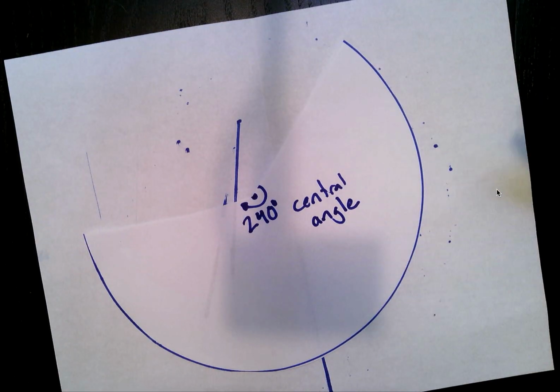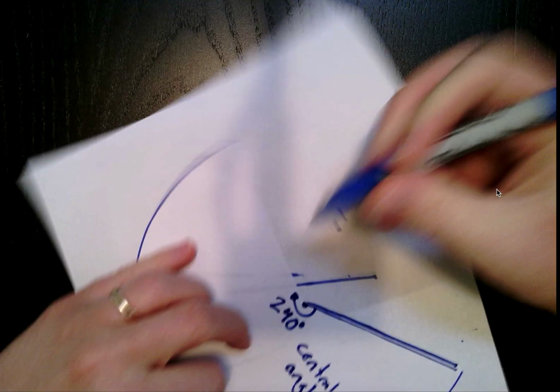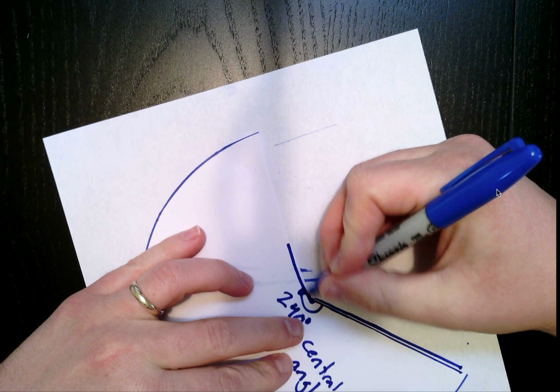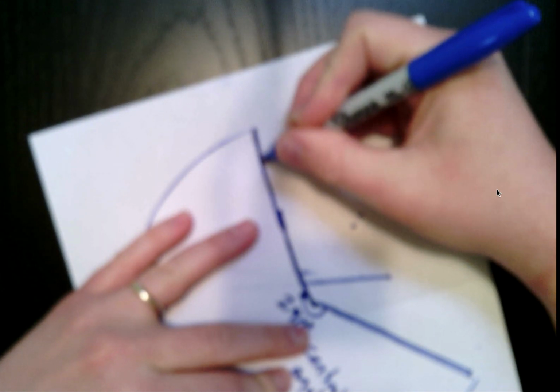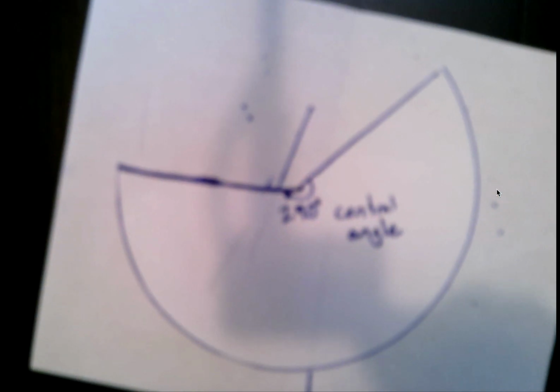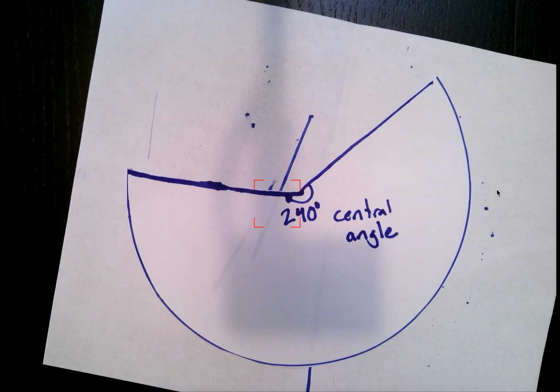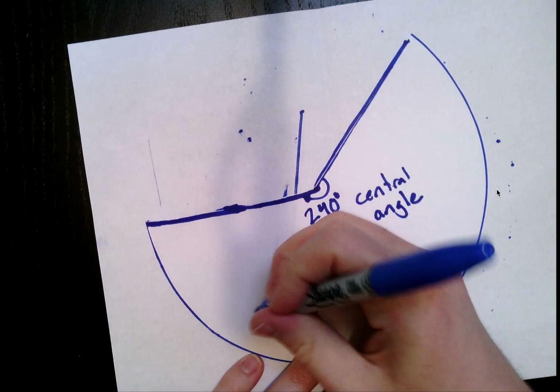This is much more than a half of a circle, but I don't know what fraction, so I don't know what to multiply my area or circumference by to figure out that portion of it. So what we need to do is figure out how much of that entire thing we have. We know that the angle in the middle can only be up to 360.